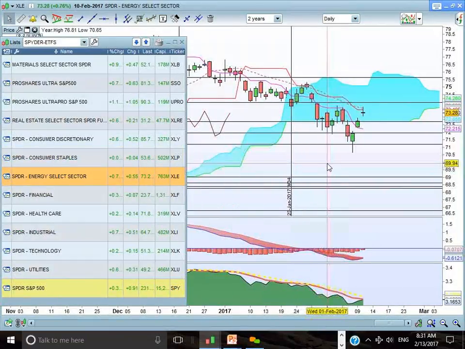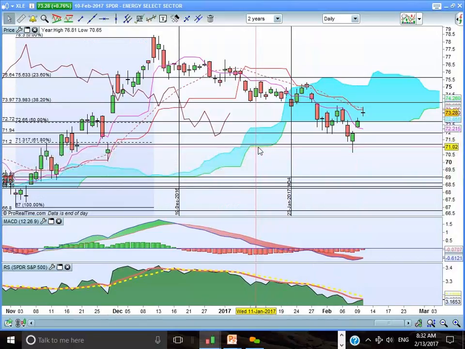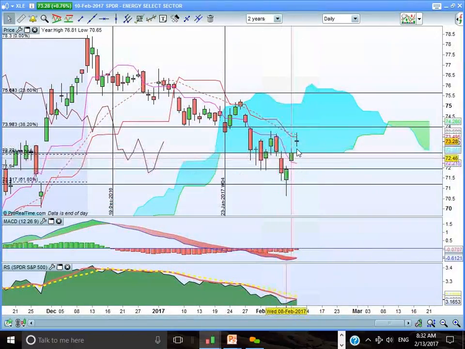Okay, energy sector sliced through the bottom end of the cloud, lost support there, rebounded from old cloud support here, cloud chart shadow support we say, and then it's now back above the bottom end of the cloud. It's trying to rally within the cloud, somewhat a difficult situation, with lots of resistance to get past.